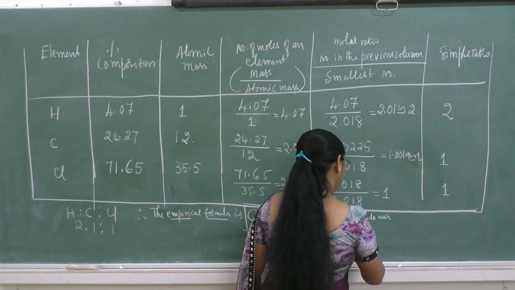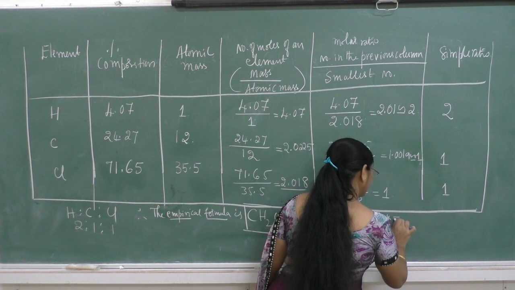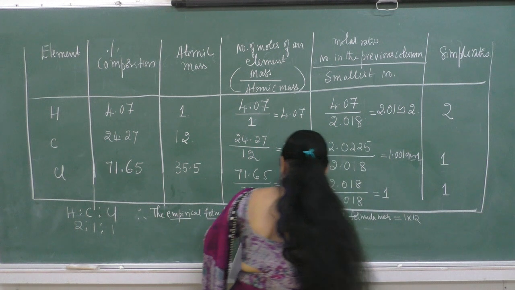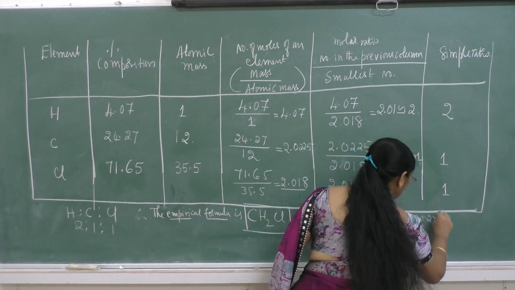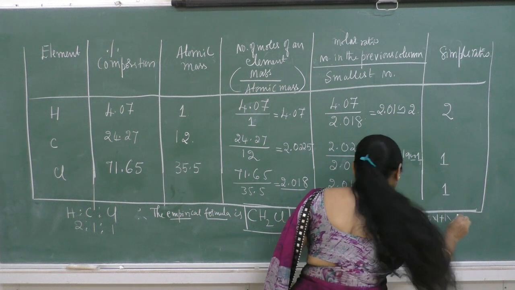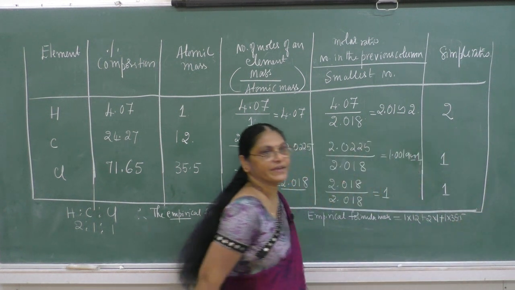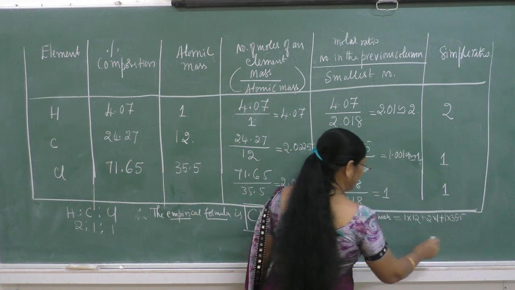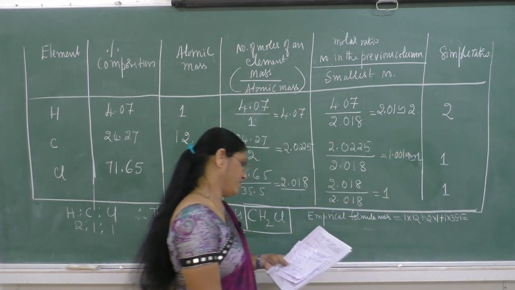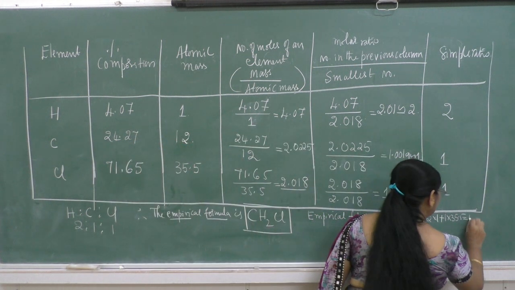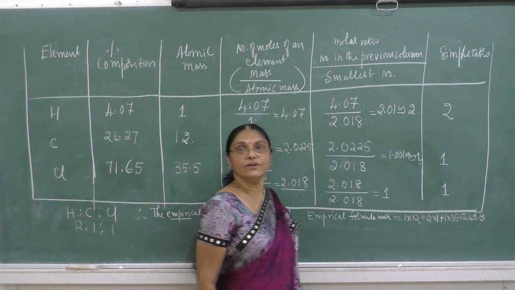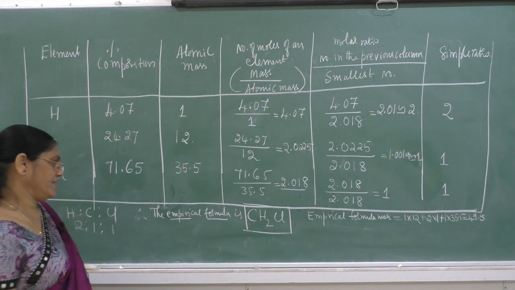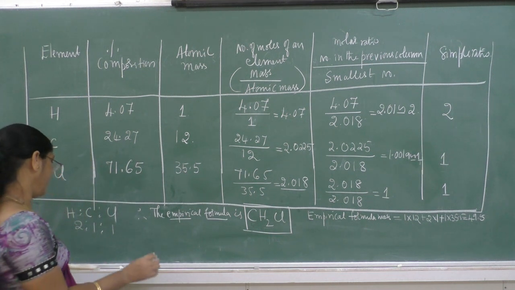The empirical formula mass is 1 into 12 plus 2 into 1 plus 1 into 35.5, which is equal to 49.5.